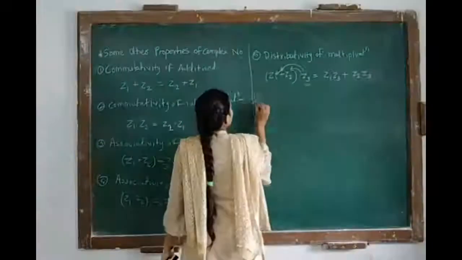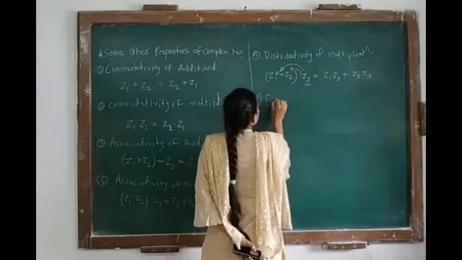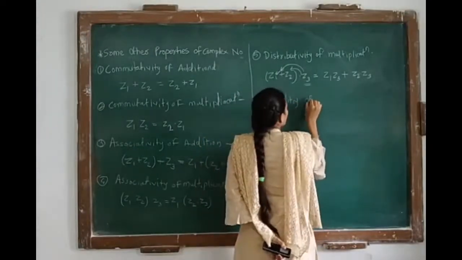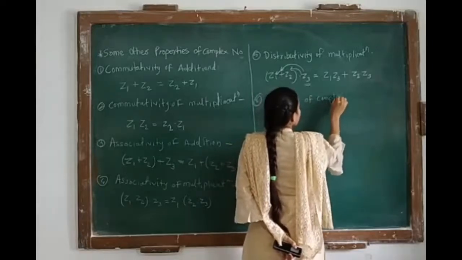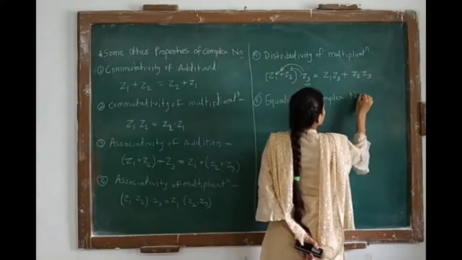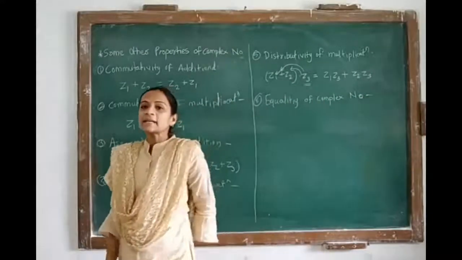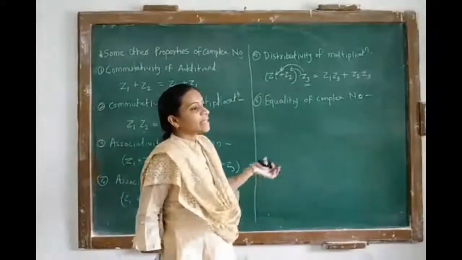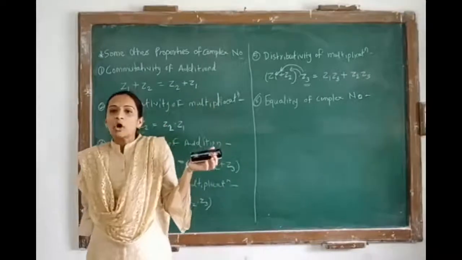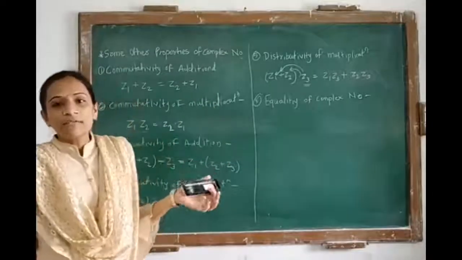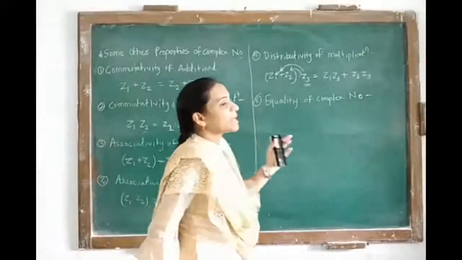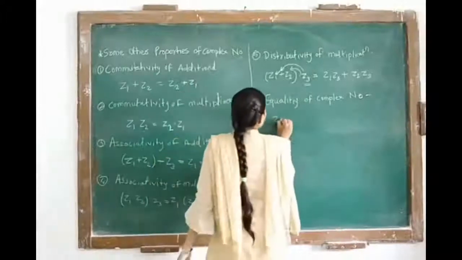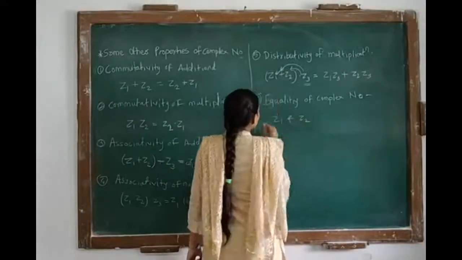And sixth, that we have already studied, that is equality of complex numbers. We have already studied, in the previous lecture, when two complex numbers are equal. Equality tells me that two complex numbers are said to be equal if and only if their real parts and imaginary parts are separately equal. So let me say I am having two complex numbers Z1 and Z2.